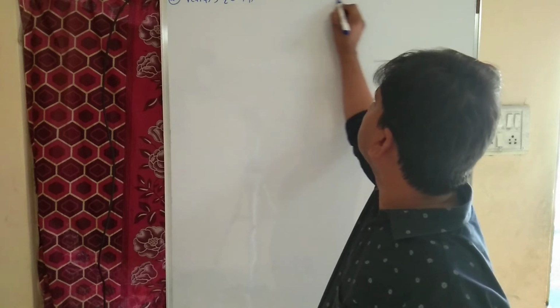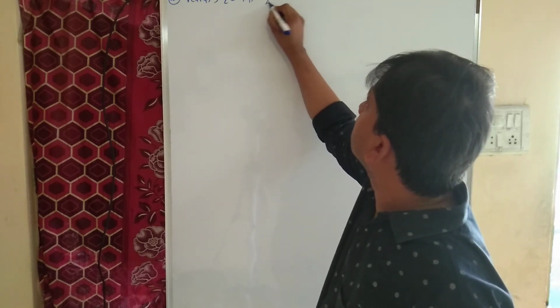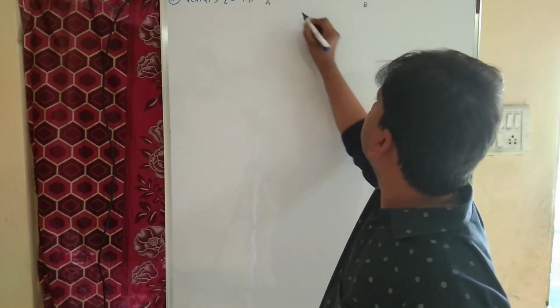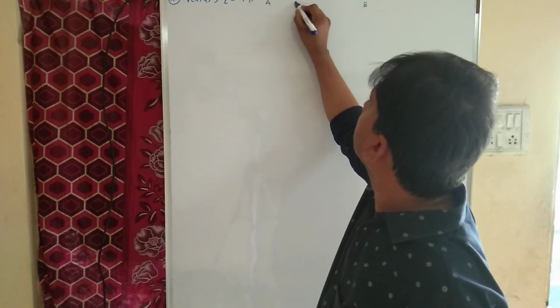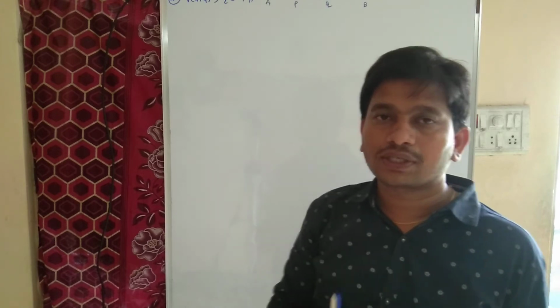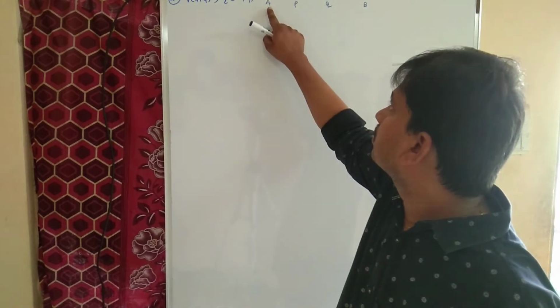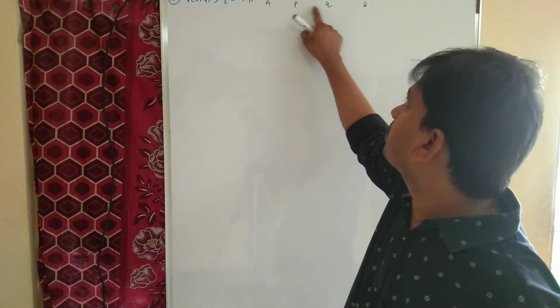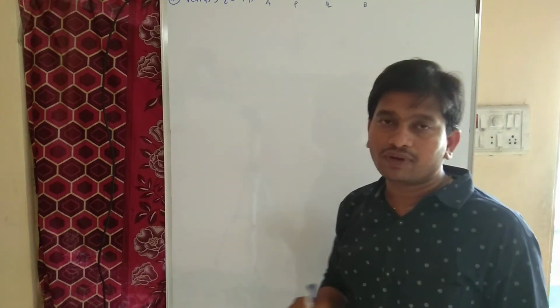What do you mean by trisection, children? The points which divide the given line segment into 3 equal parts. The points which divide the given line segment into how many equal parts? 3 equal parts.